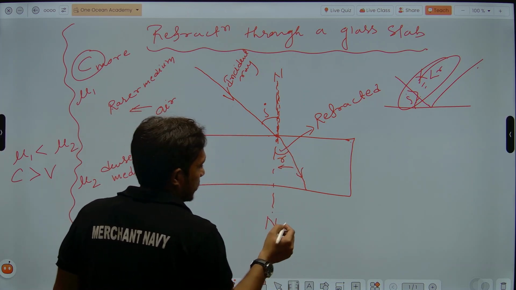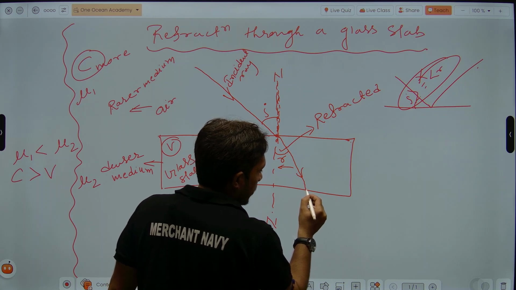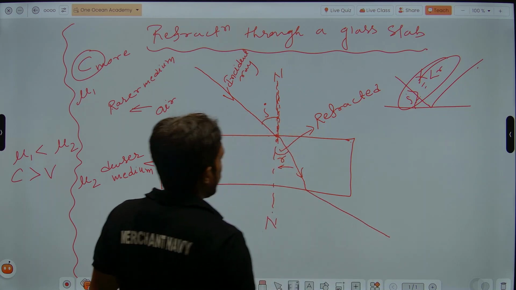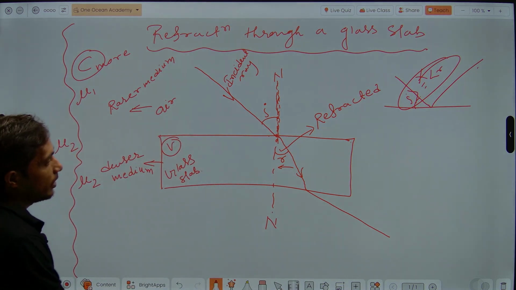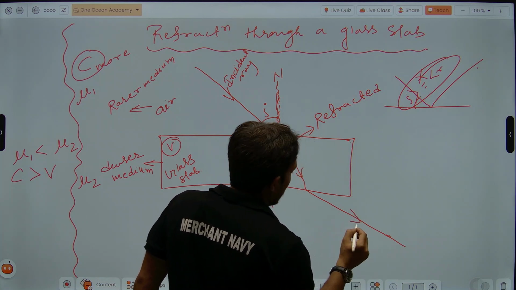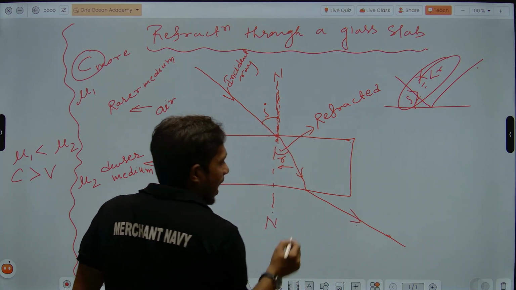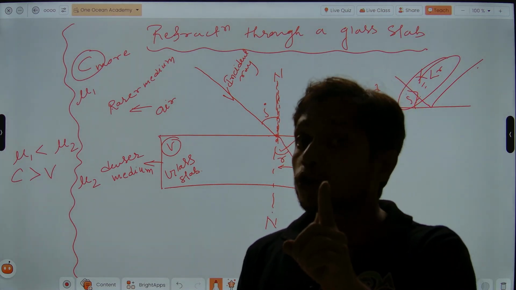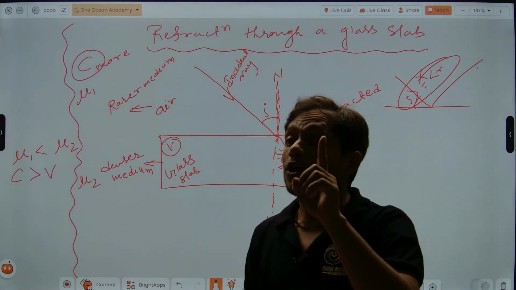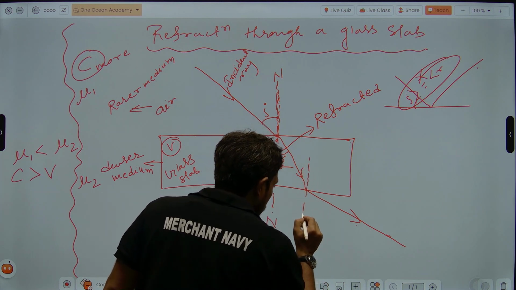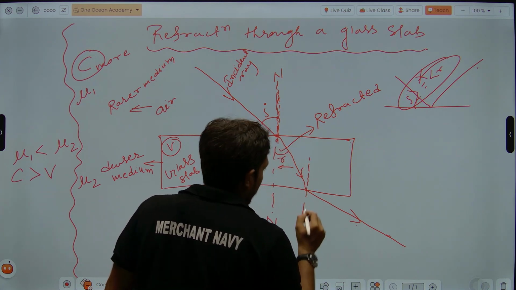This makes the angle of refraction. Now the ray of light tries to emerge out from the glass, so it will emerge like this. At the emerging point, it will also make a normal. So another normal can be seen here.